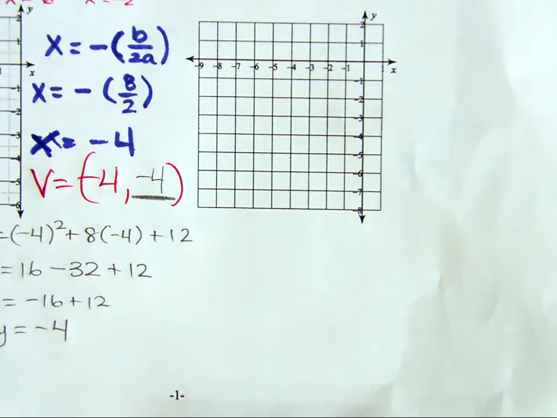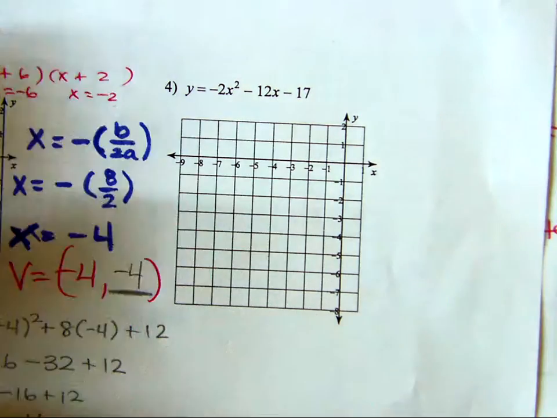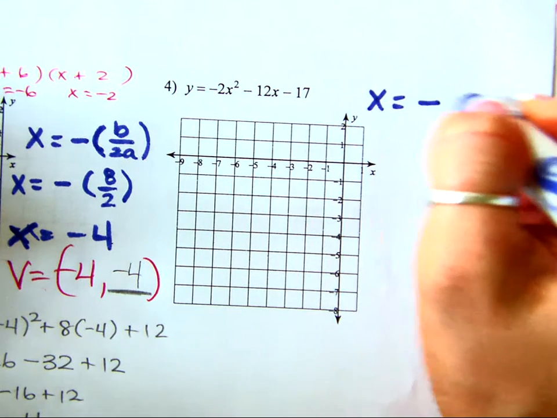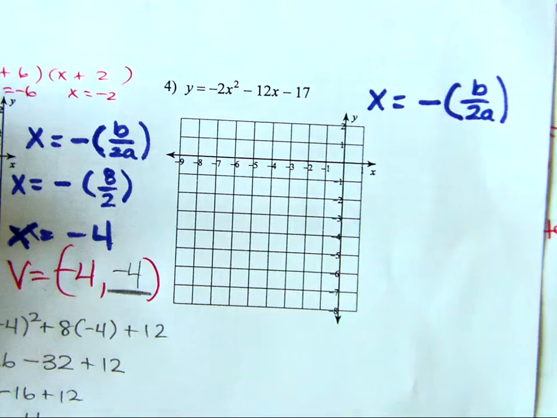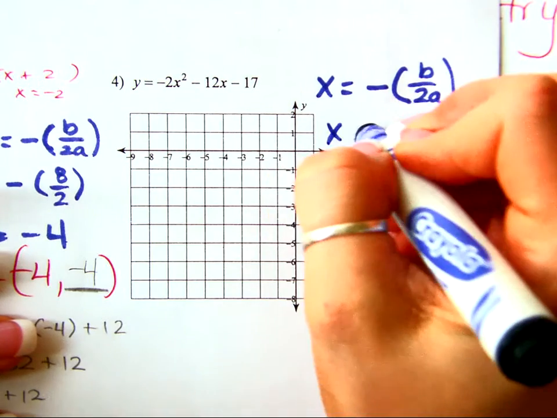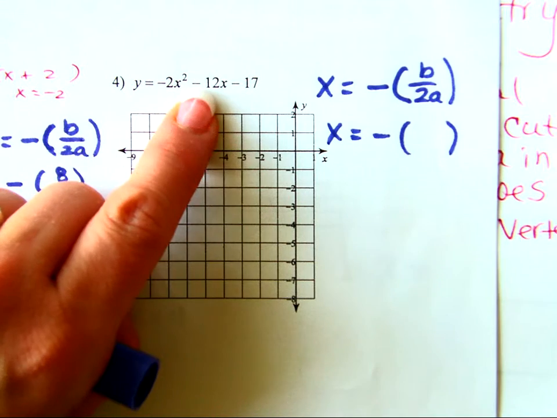Ready? Let's identify our axis of symmetry first. Always start with that. The opposite of B over 2A. You don't need to rewrite that every time. I'm just rewriting it to kind of help you. So it's the opposite of, what is B this time?